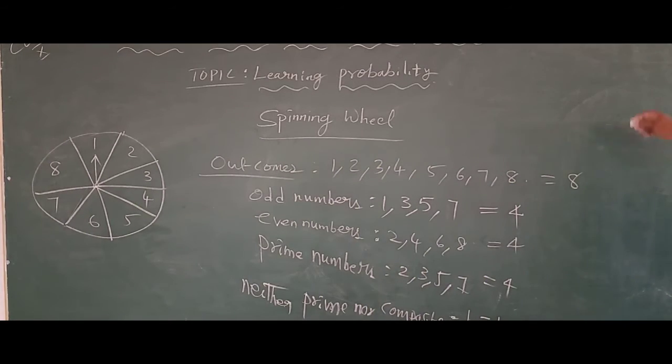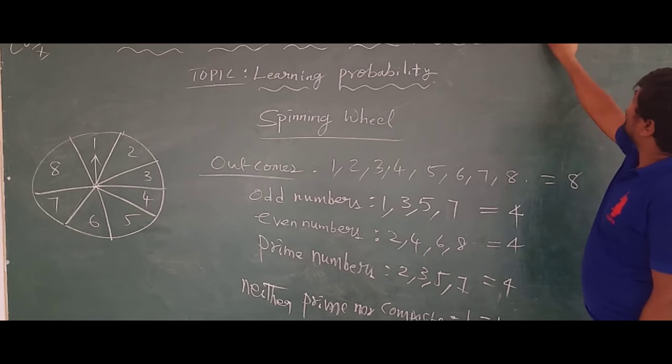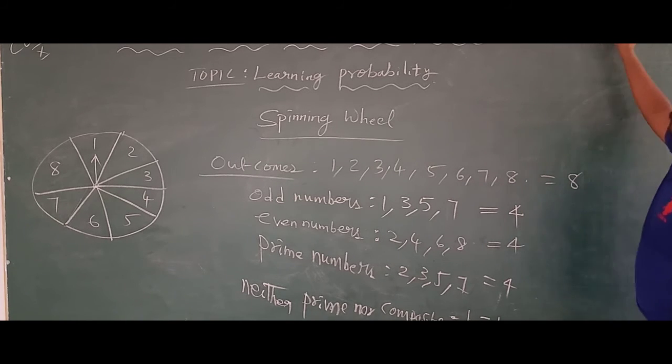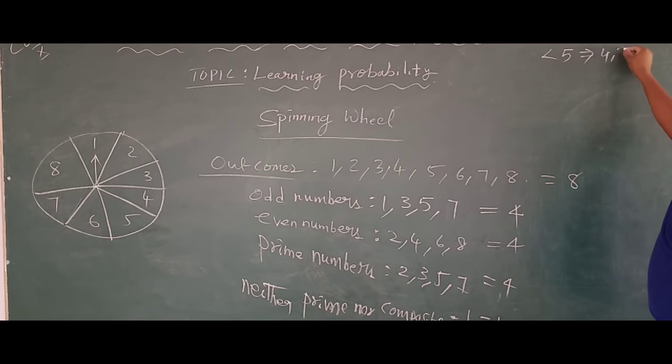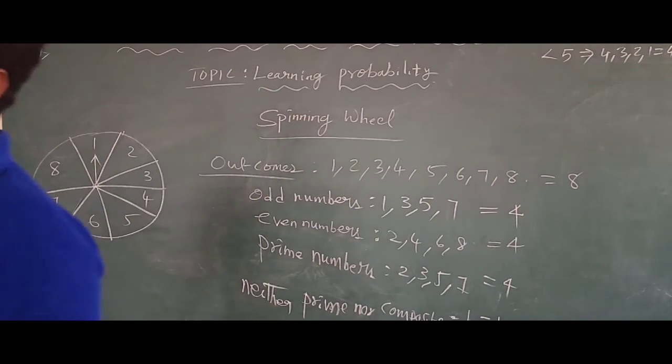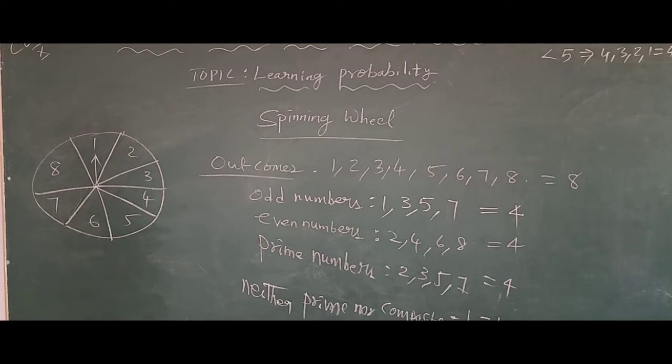They are also going to ask questions like greater than 6: what is the probability of the pointer stopping at a number greater than 6? There we have 7 and 8, that is 2. Less than 5 means 4, 3, 2, 1, so again the number of outcomes is 4. This kind of question they are going to ask in your examination.